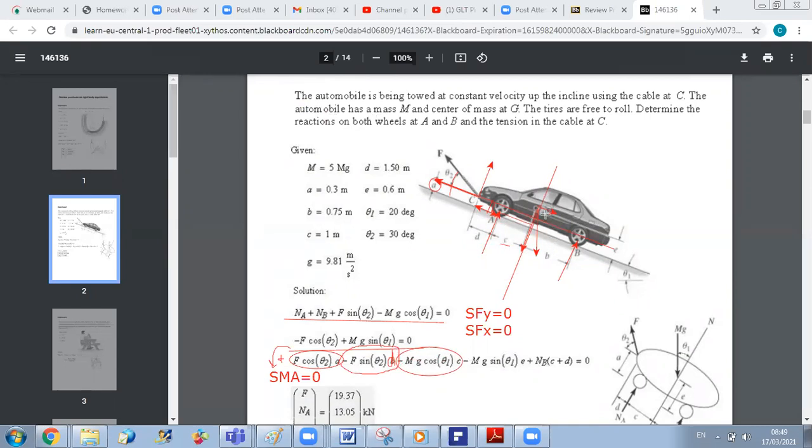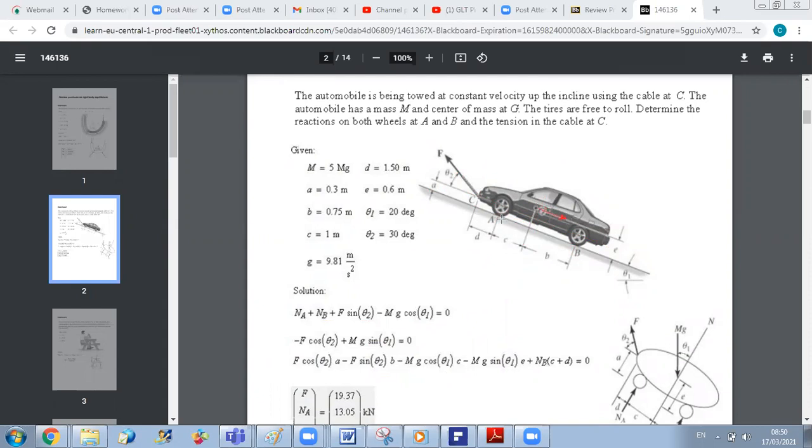Now, for the X component of the weight, first, also it's a clockwise moment about A, so it's negative. But I should multiply now by which distance? If I extend the line of action of this force and I draw the perpendicular, let me clear it now for it to be clear. This is the X component of the weight.